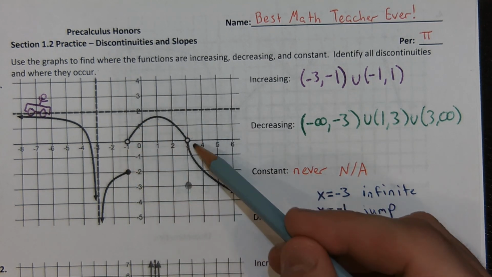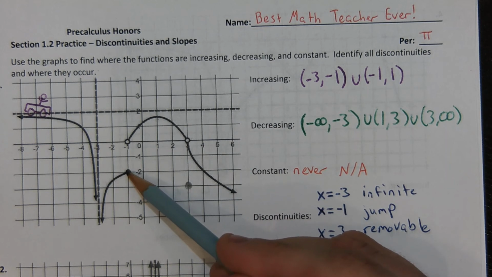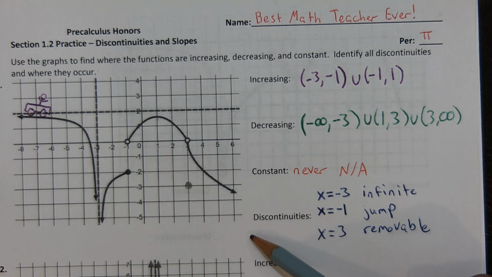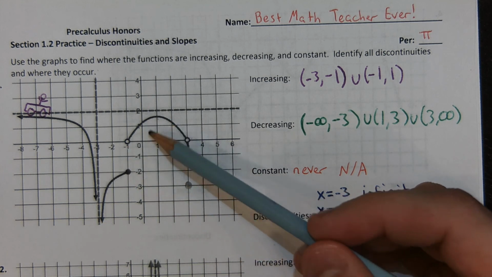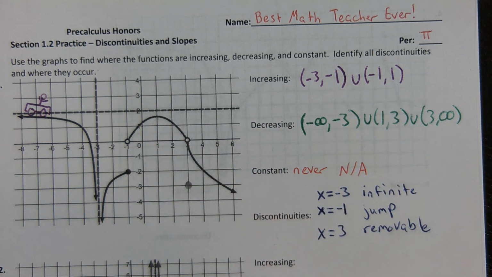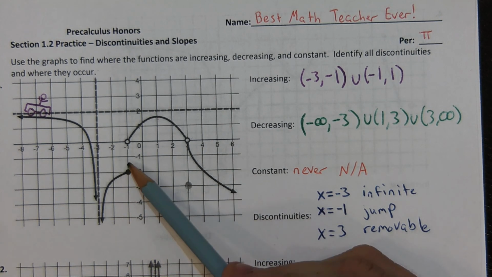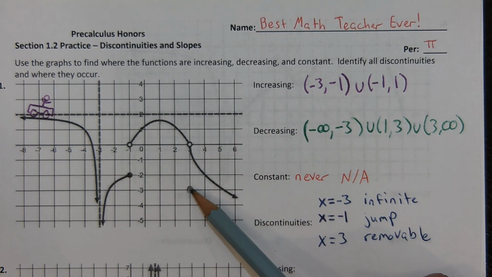This whole graph really should have started right here and continued along its merry way. But because it didn't, the entire graph lifted up, or you could have said went down if you were looking at a different picture. But the point is, an entire section of the graph has been moved vertically. And that's what makes this a jump, but this a removable.